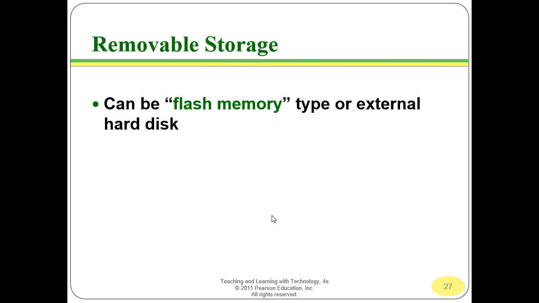Now, removable storage can be flash memory, like a flash drive, memory stick, or an external type of hard drive. You can get those for less than $100, and that will be like 500 gigabytes or larger. They're very affordable.